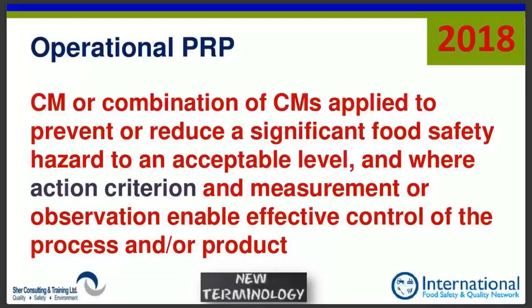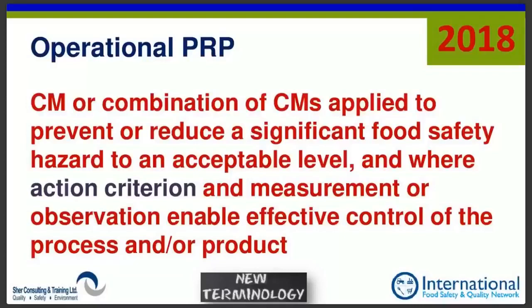So it is under 2.5 millimeters or under 4.5 millimeters. So you can still call it a CCP. Some people will argue, no. That's an observation, so it should be an OPRP. Well, you know what? It doesn't make a difference. You can call it either a CCP or an OPRP. You're still going to be doing the exact same things to it. So the jury is still out.